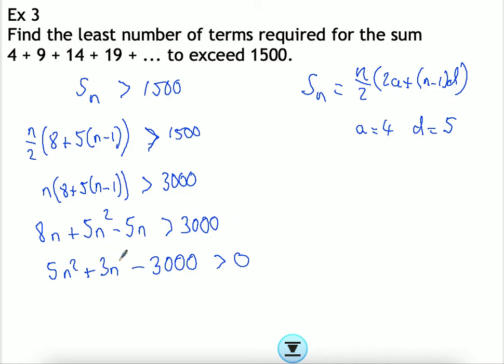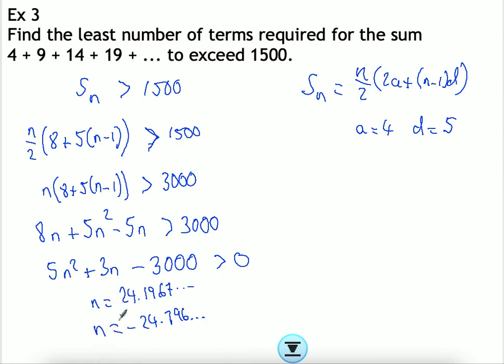Of course, I could try and factorize it manually if I'd like to, but I'm not really feeling it. So n is equal to 24.1967, or negative 24.796.